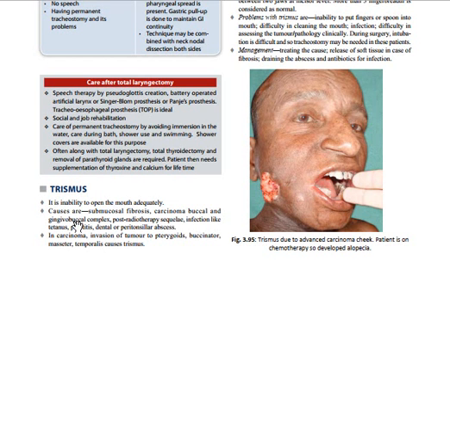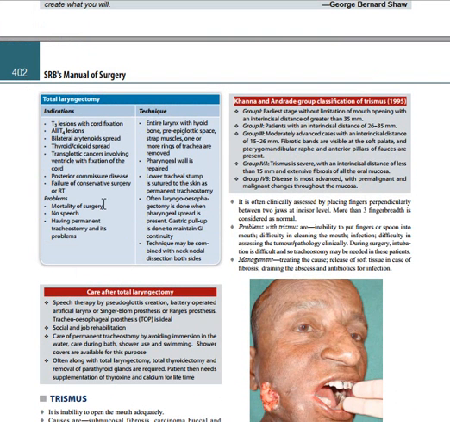Now trismus has a classification, the Kanner and Andrade group classification of trismus. Every time you have a patient with trismus, you have to find the interincisional distance, the distance between the two incisors.